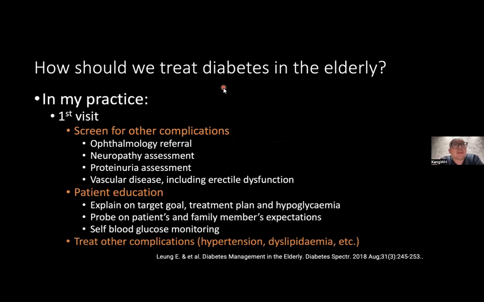So after you have chosen the right treatment regimen for them, you should also screen for other complications. Okay, always refer to the ophthalmology colleague because if they have cataract, which may impair their vision, they fall easily, they cannot read properly, they cannot inject properly, and diabetic retinopathy as well, and also ulcers, any numbness that makes them insomniac, okay, any postural hypotension which causes them to fall, and also the kidneys for proteinuria.